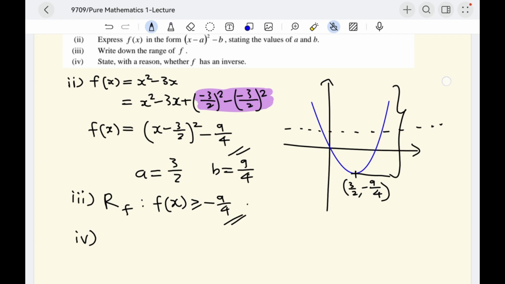You will see that mostly this horizontal line intersects 2 points with the graph.